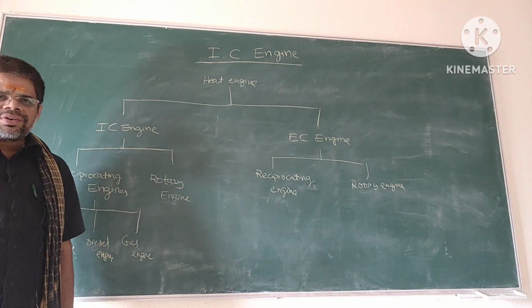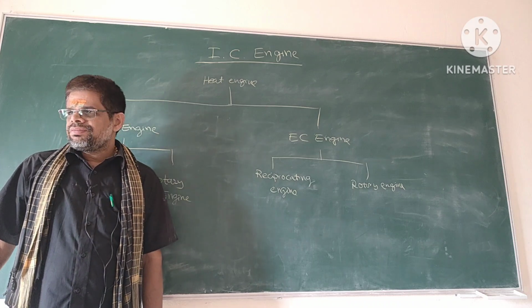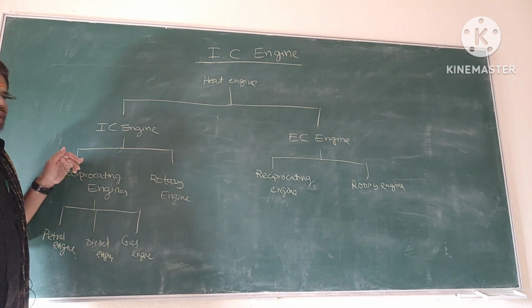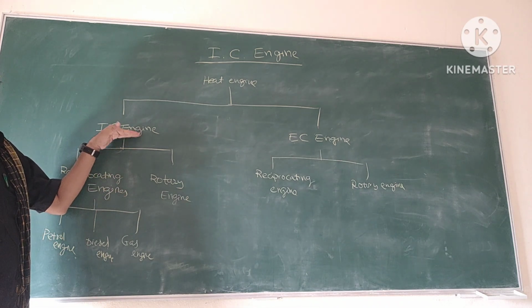Either it may be liquefied petroleum gas, that is LPG, or compressed natural gas, that is CNG. So these are the different types of reciprocating IC engines. These come under the internal combustion engine category.